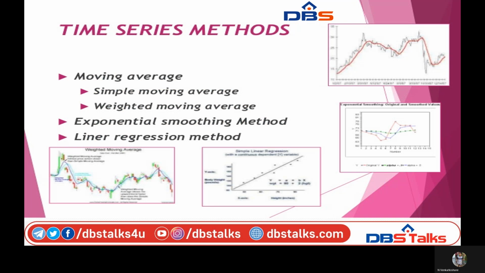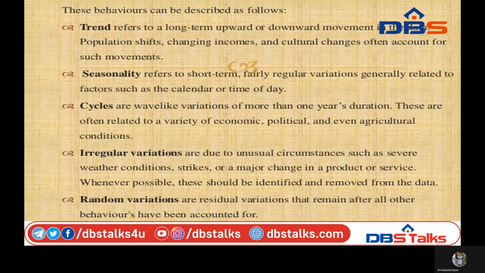So in time series, there is long term movement and short term movement. This long term movement is the irreversible movement in a time series which continues in the same direction over a long period of time.